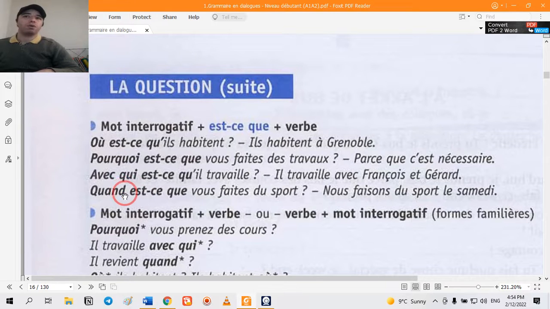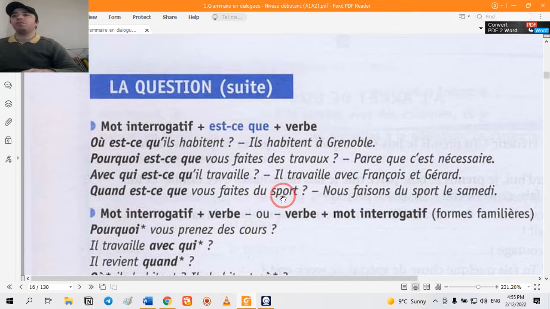Don't say it separately, it's not true. Say quand est-ce que. Comment est-ce que. Just these two important question words. With est-ce que, you must say quand est-ce que or comment est-ce que.